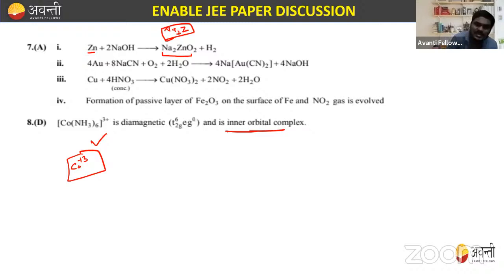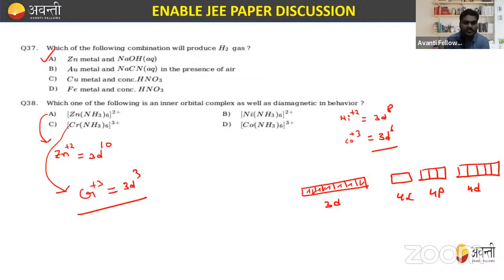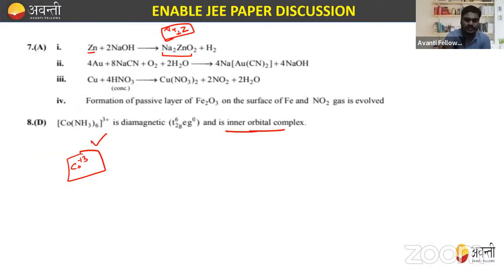That is, splitting energy doesn't depend only upon the number or type of ligand. It also depends upon the central atom, whether it has a positive charge or higher oxidation state or a zero oxidation state. Out of these 4, cobalt shows +3 oxidation state, and due to this it forms an inner orbital complex, which is diamagnetic. Why diamagnetic, beta? Because there is no unpaired electron.